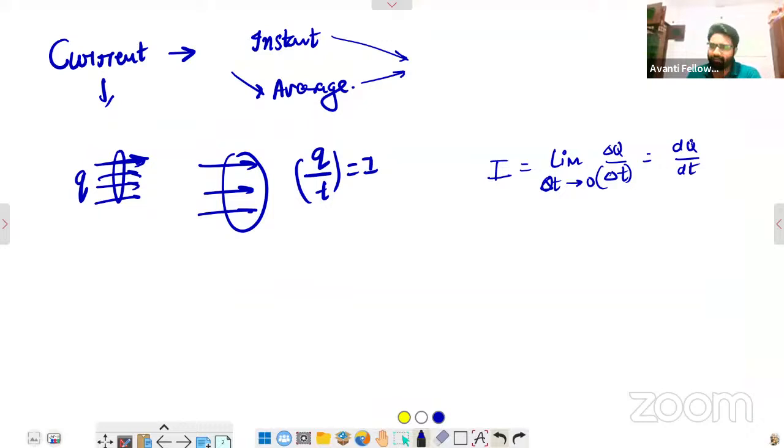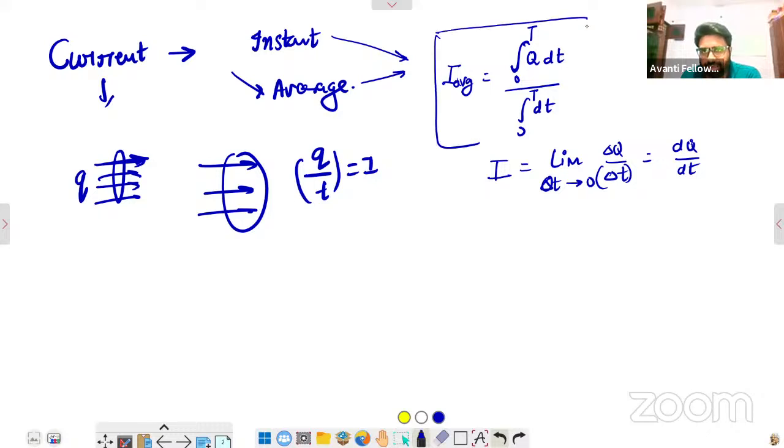I have solved a question for you, and you have also responded to that question. Now, how to calculate the average value of current, we will deal with in the alternating current chapter, but I'll give you a brief here. For average current, suppose the charge flow is given in terms of time. Charge flow is not steady. So what you will do? Integration of q from 0 to t dt divided by the time for which that charge is being flown.